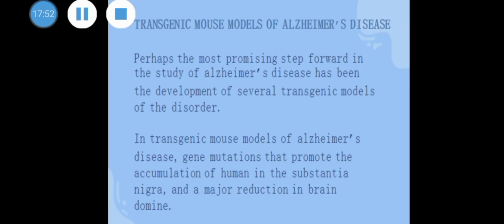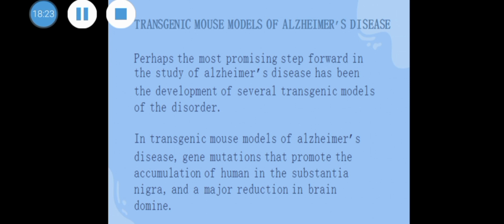And next we have the transgenic mouse models of Alzheimer's disease. Perhaps the most promising step forward in the study of Alzheimer's disease has been the development of several transgenic models of the disorder. In transgenic mouse models of Alzheimer's disease, gene mutations that promote the accumulation of human protein in the substantia nigra and a major reduction in brain dopamine.